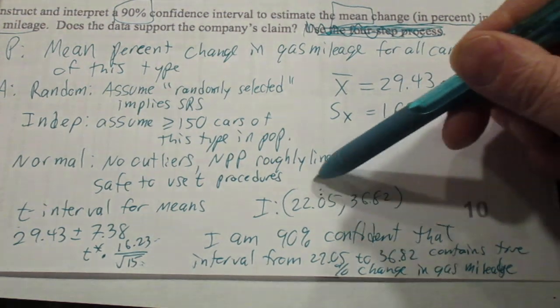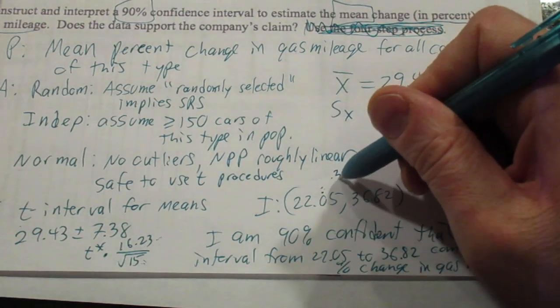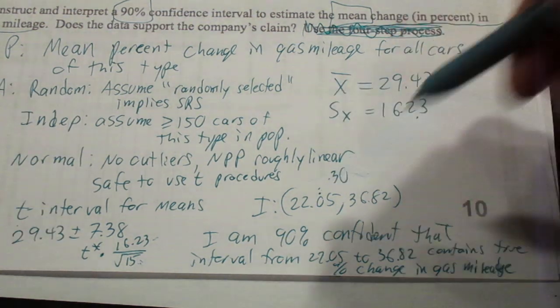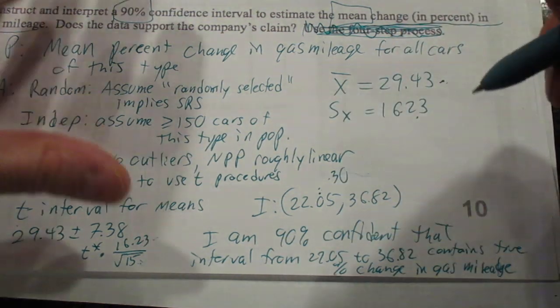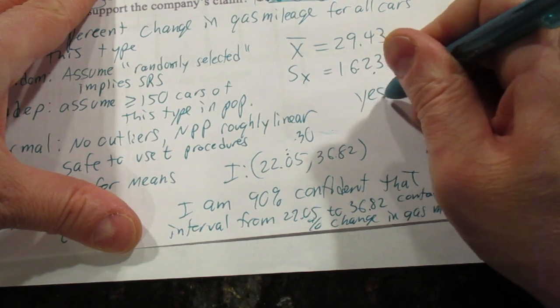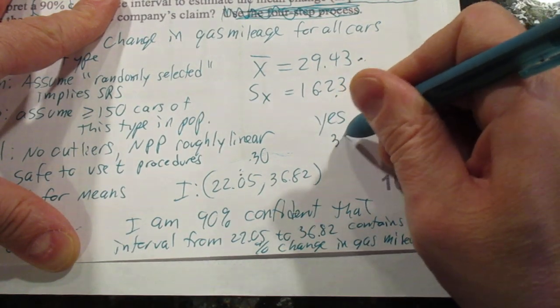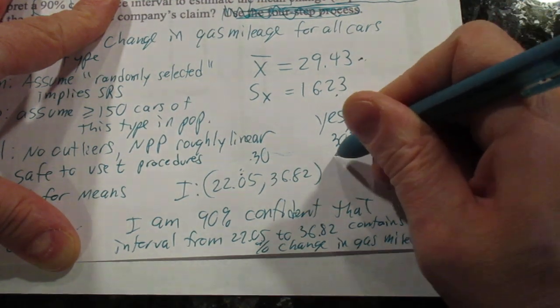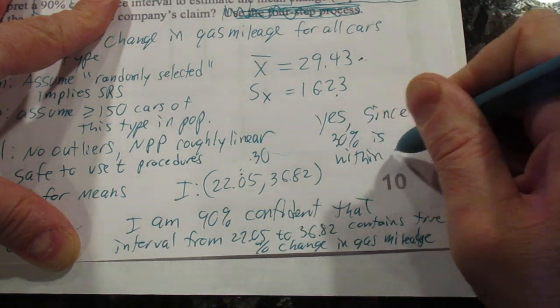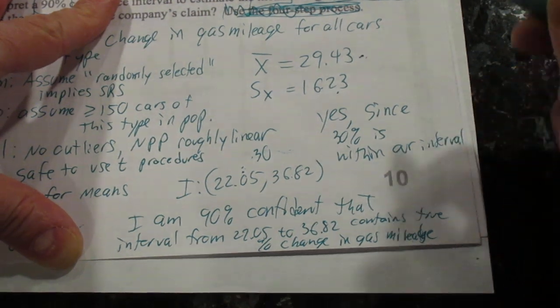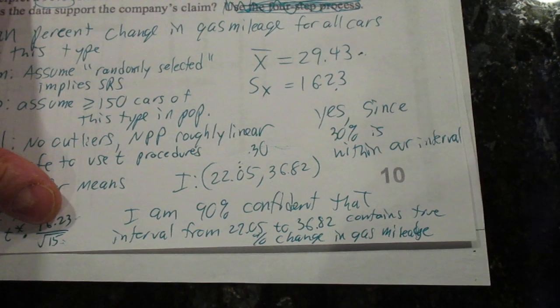Does this support the company's claim? Yeah. 30 is within that interval. Any number in this interval is something that we think could happen. So, yes, since 30% is within our interval, we believe the claim is supported.